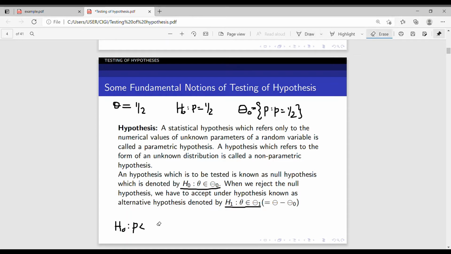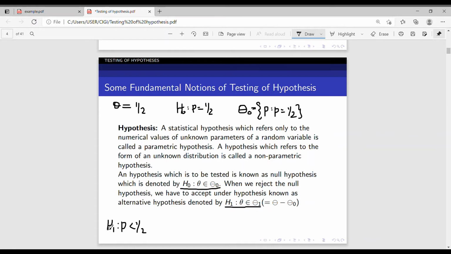Suppose we are testing this null hypothesis against the alternative hypothesis H1 such that p is less than 1 by 2. So our null hypothesis is p equals 1 by 2 and our alternative hypothesis is p less than 1 by 2.